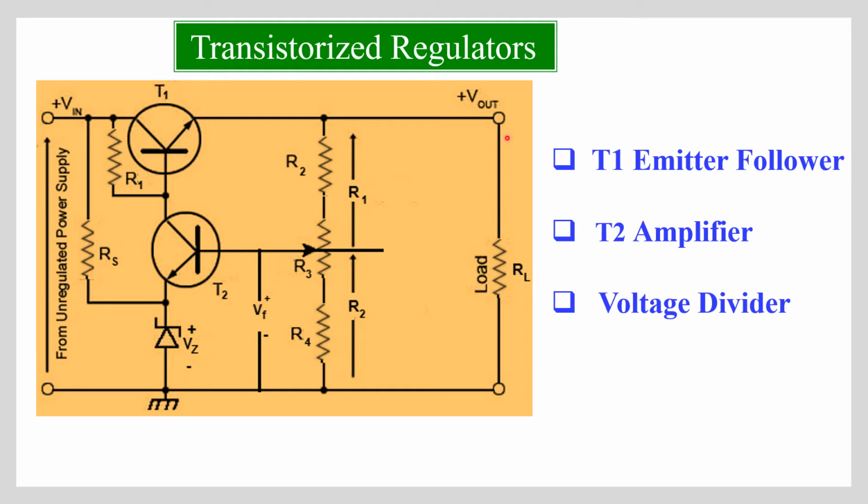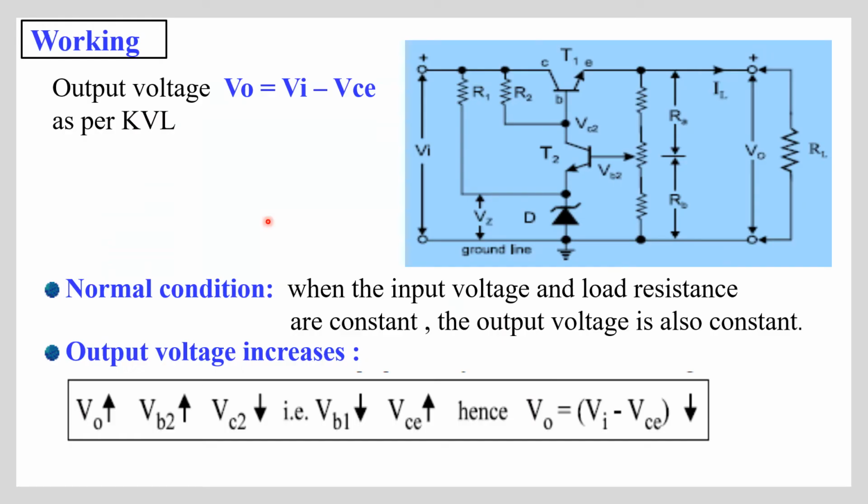So this is the circuit description. Now let us see what happens when the output changes. So let's see the working. We have seen the transistor T1 is an emitter follower, T2 is a differential amplifier, with a voltage divider. Now let us see the working.